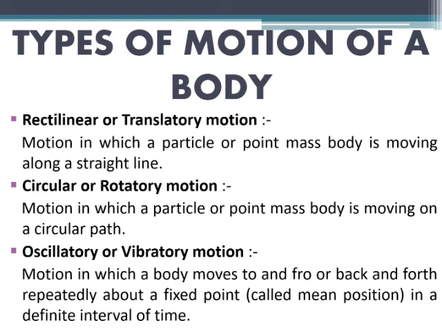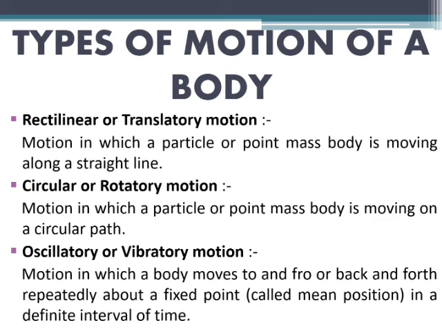Third, oscillatory or vibratory motion. Oscillatory motion is that motion in which a body moves to and fro or back and forth repeatedly about a fixed point called mean position in a definite interval of time.